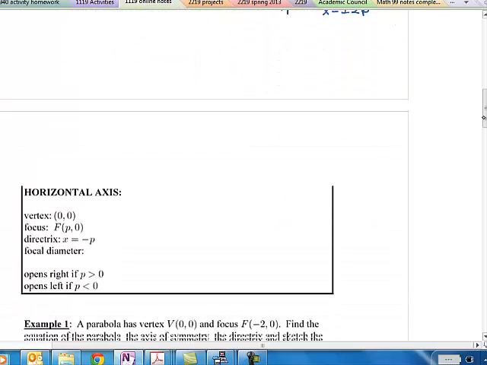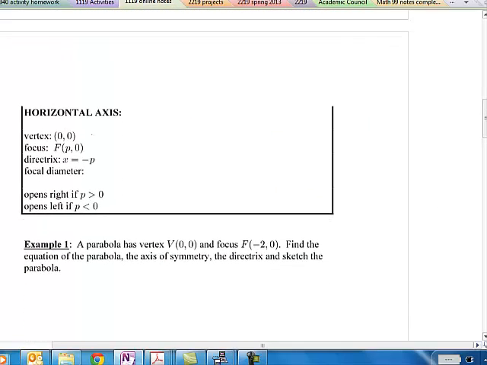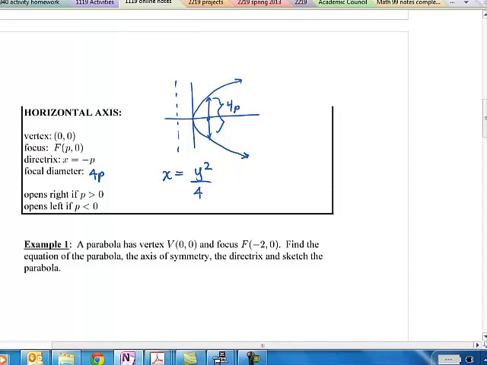And then for a horizontal axis, if the vertex is 0, 0, and the directrix is x equals negative p, and the focus is p, 0, your graph will open horizontally instead of vertically. The focal diameter is still 4p, the distance across through the focus. Opens right if p is positive, opens left if p is negative, and our standard form is x equals y squared over 4p instead of the other way around.